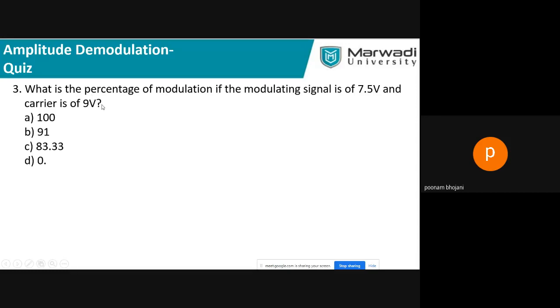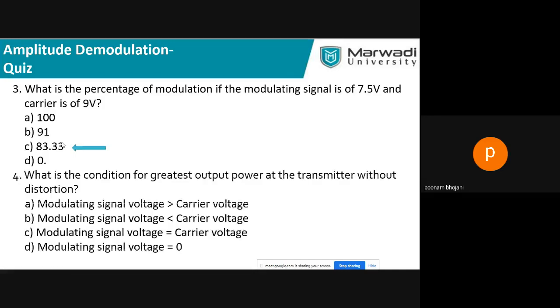So 7.5 upon 9, you will get 0.83333. In percentage, it can be said that your modulation is 83.33%. Okay, this is the answer.